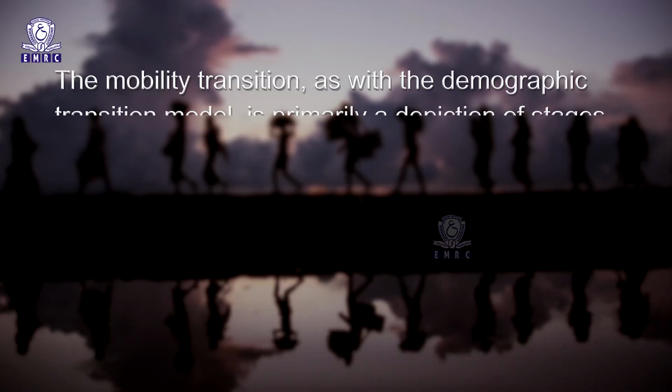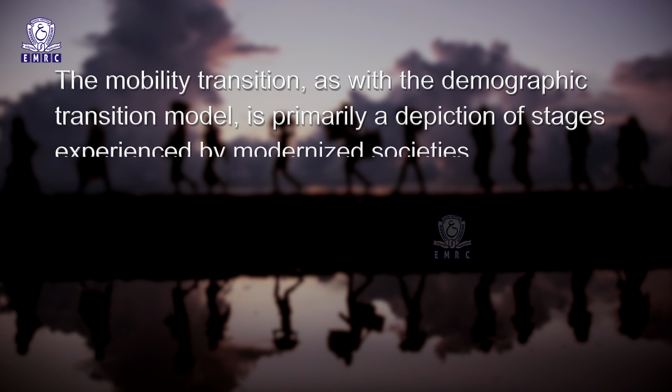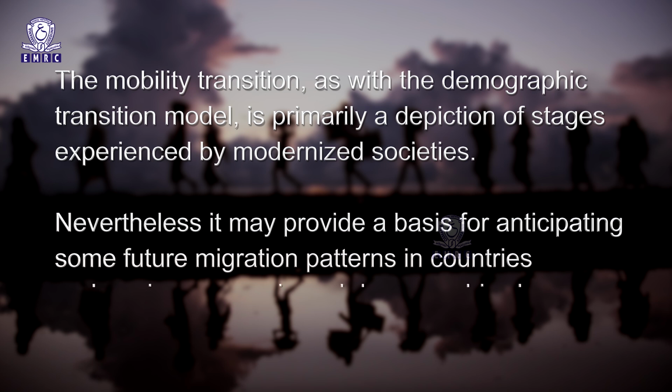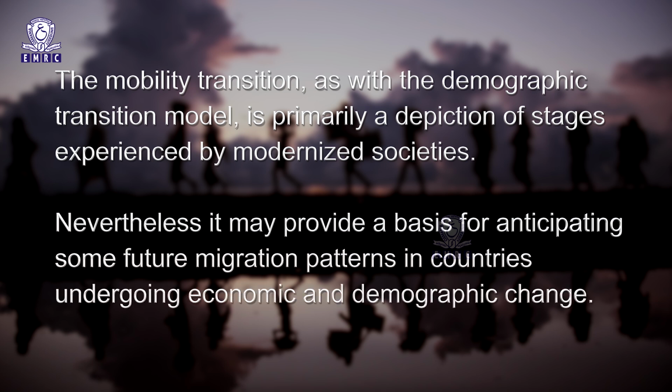The mobility transition, as with the demographic transition model, is primarily a depiction of stages experienced by modernized societies. Nevertheless, it may provide a basis for anticipating some future migration patterns in countries undergoing economic and demographic change.